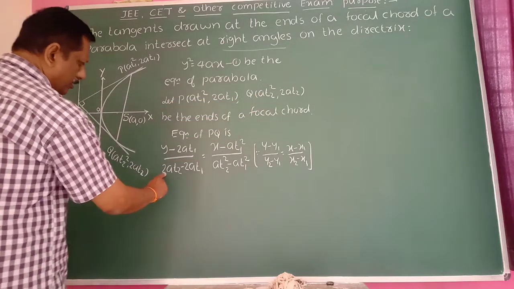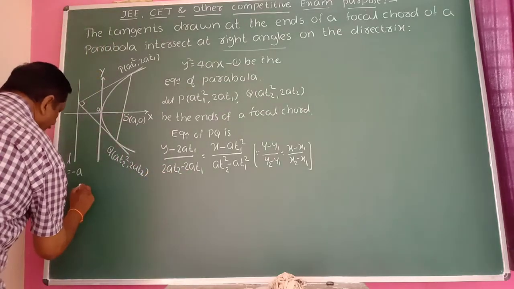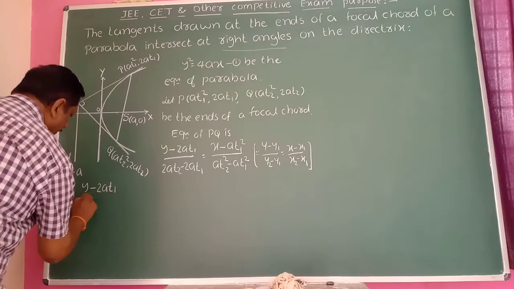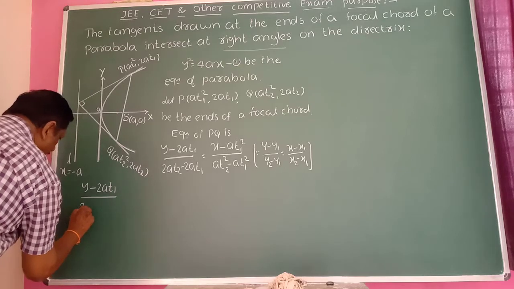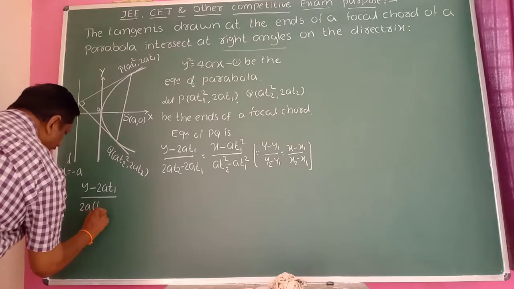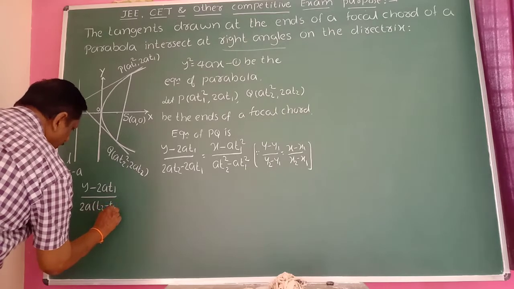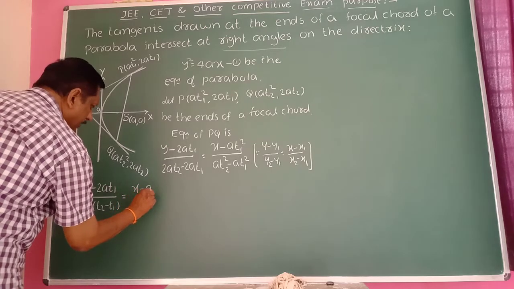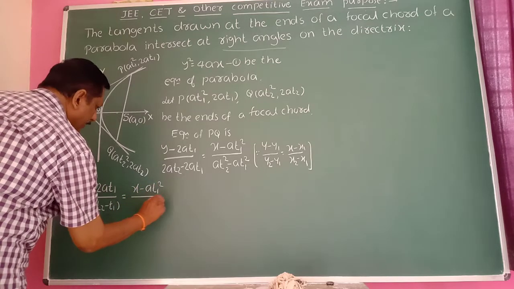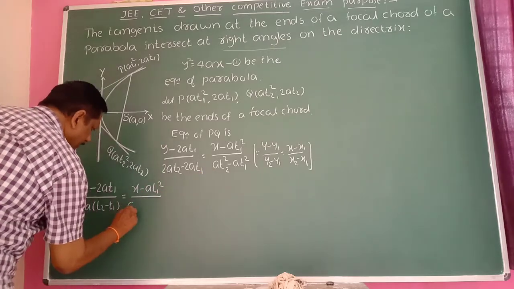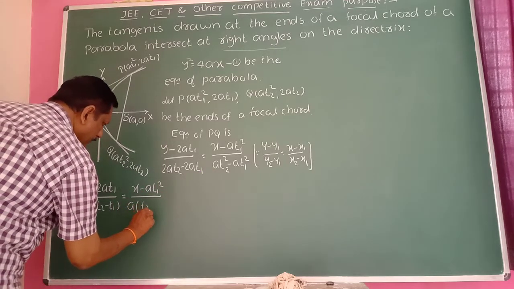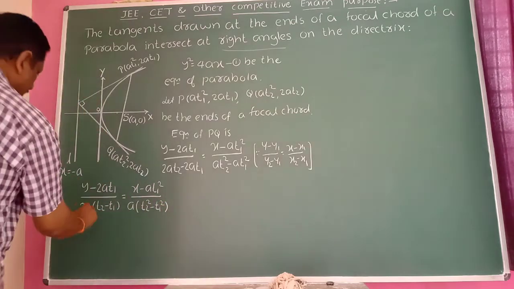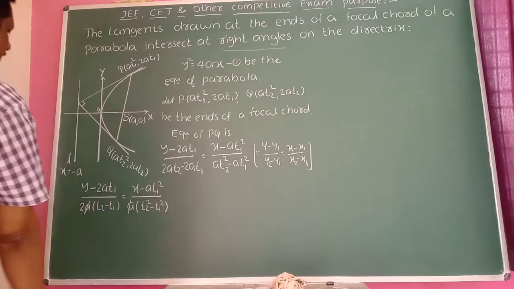Next, 2a is a common factor. So y minus 2at1 divided by 2a t2 minus t1 is equal to x minus at1² divided by a, the common factor, times t2² minus t1². Then this a and this a cancel.